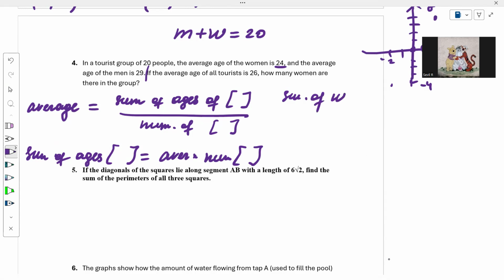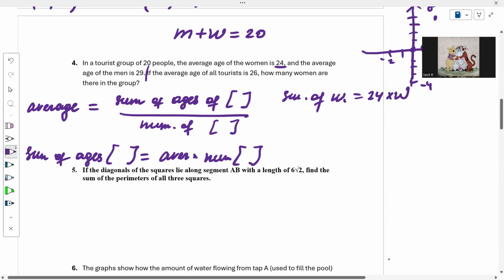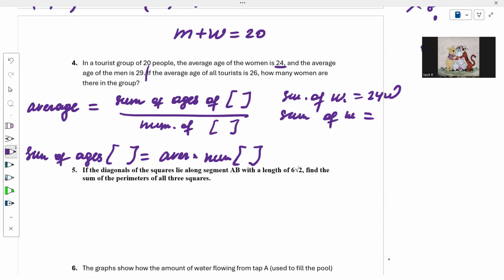of women. Let's write w here, equals 24 times n. Okay, let it be 24 times w, the number of women. So this is the sum of women, 24w, and the sum of men equals, the average age of men is 29, so it's 29 times the number of men.